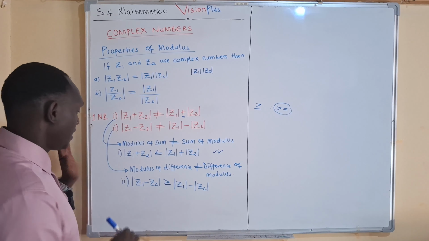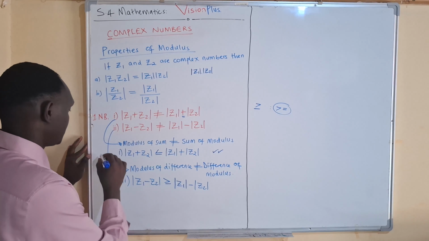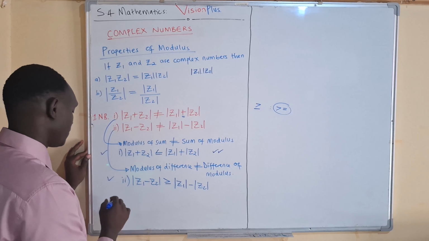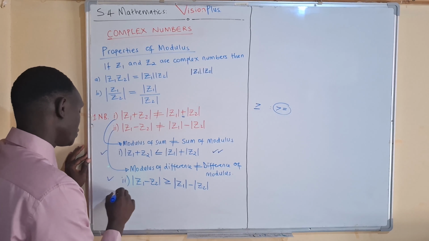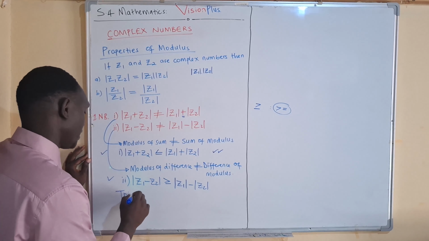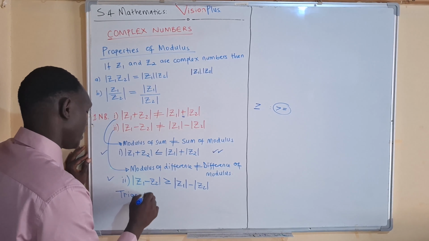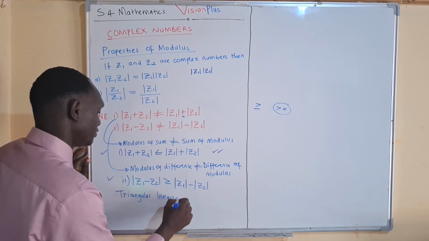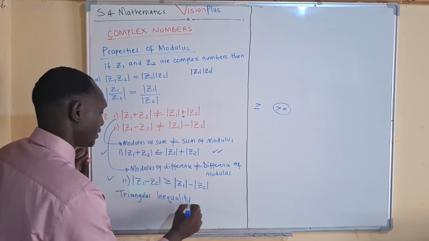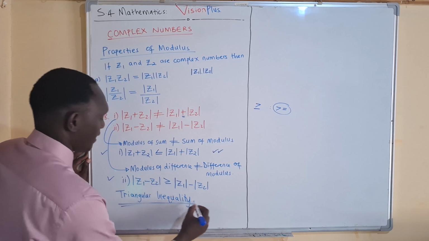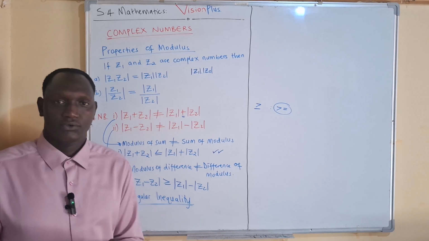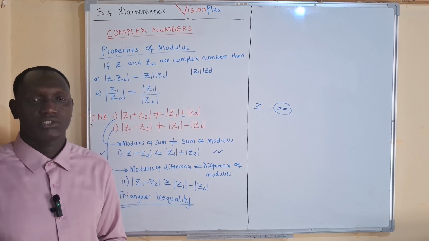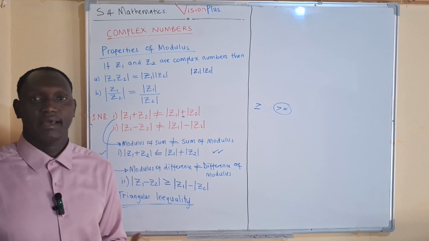Now, these two new concepts fall under a concept that we call triangular inequality. This concept is applied so much when we are looking at errors.